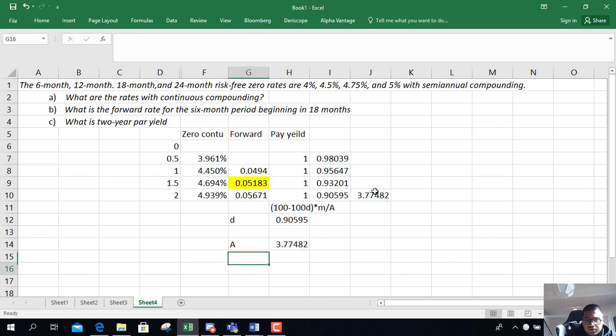Okay, so if you put this in formula and calculate, the par yield is 100 minus 100 into 0.9 into M, that is 2, divided by A, that is 3.77. So par yield is 4.983 almost. And that's it for chapter 4 problems.